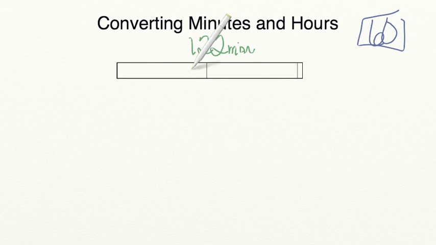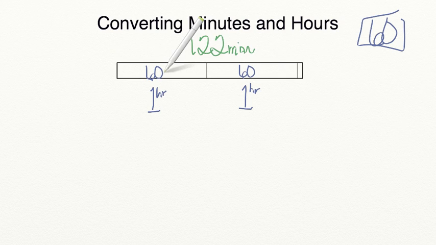Our first block that you can see right here is going to represent 60 minutes. And beneath it, I'm going to write 1 hour so that we can remember that our first block of time, or first 60-minute increment, is representing 1 hour's worth of time. We have another 60-minute block of time right here, which represents a second hour.